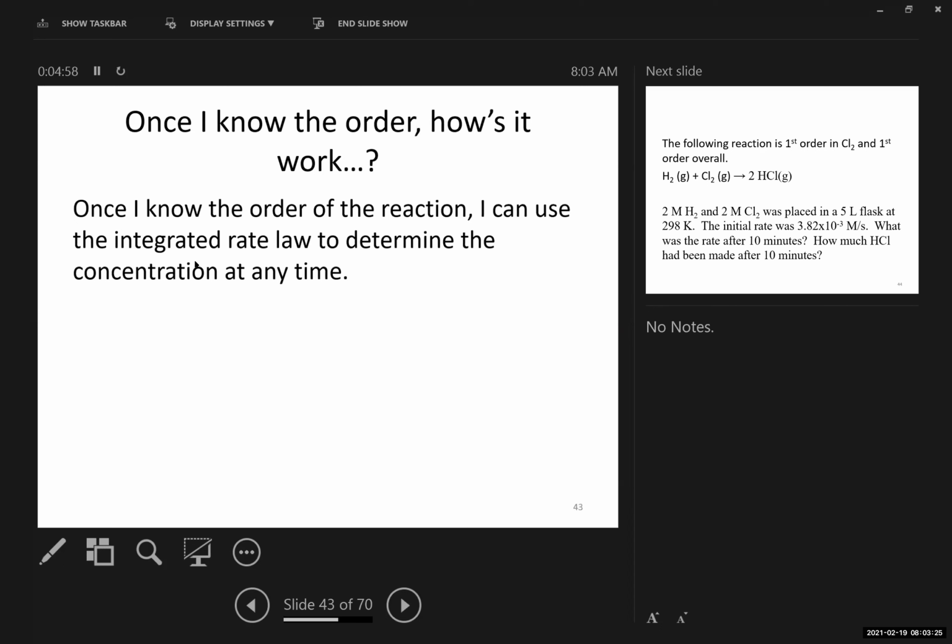And so I'm not sure how definitive I feel about something that's just the best of a bad lot. To that end, I think it's far more common to use initial rates as a means of establishing the rate law. That said, my rate law and integrated rate law, of course, go hand in hand.